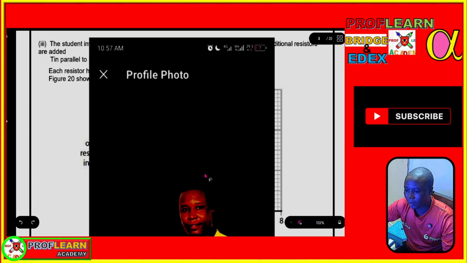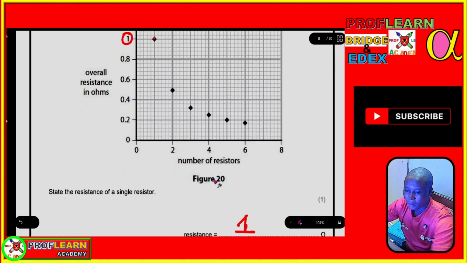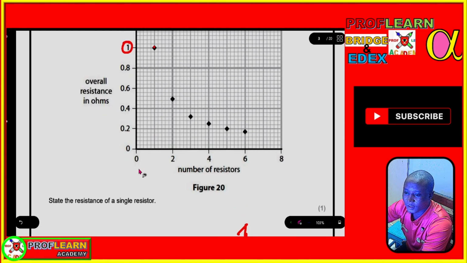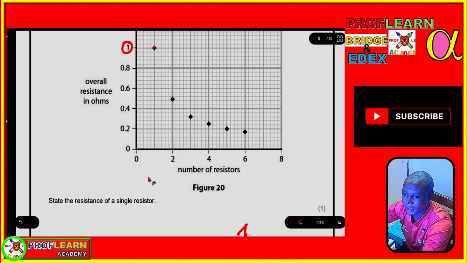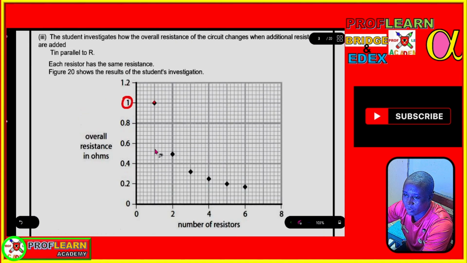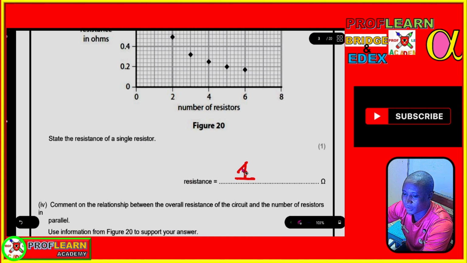So, which means that, state the resistance of a single resistor. The resistance of a single resistor is when there was no resistor added. So in that case, we are going to say a single resistor has a resistance of 1 ohm. Right?